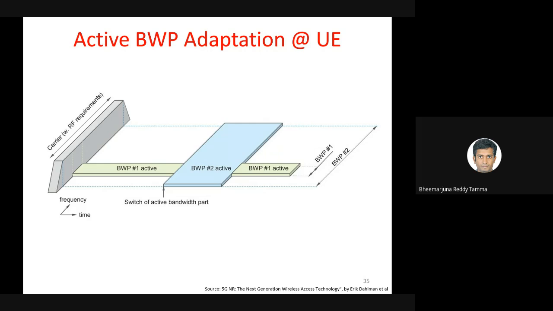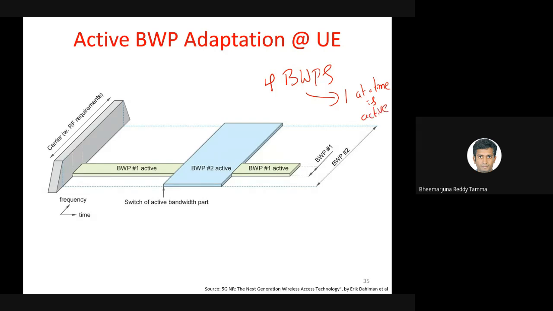As I was mentioning, there are four bandwidth parts that can be configured, and out of four, only one at a time is active.